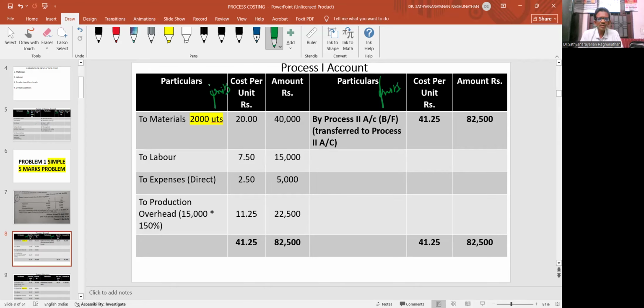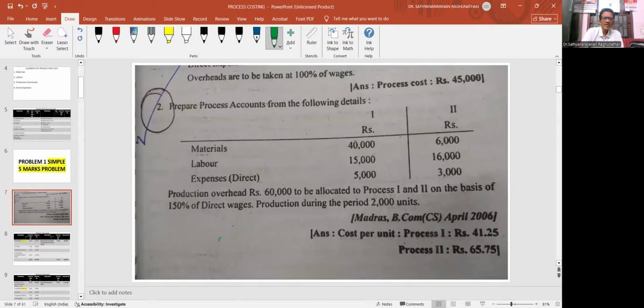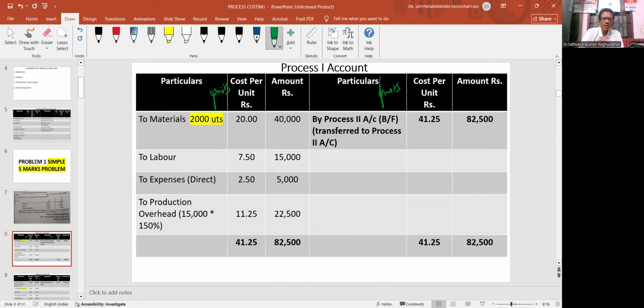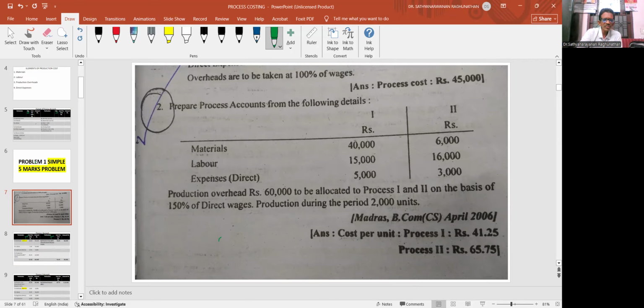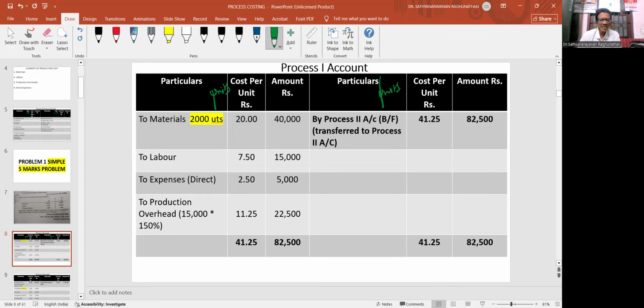Now let us start the problem. In the question, they asked us to prepare the process 1 account and the process 2 account. Under the process 1 account, for materials, production during the period 2,000 units is the input. In the units column you write 2,000.